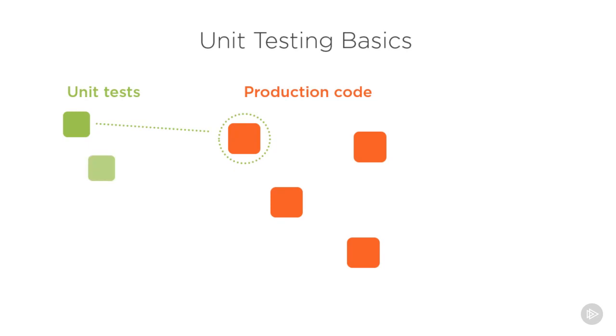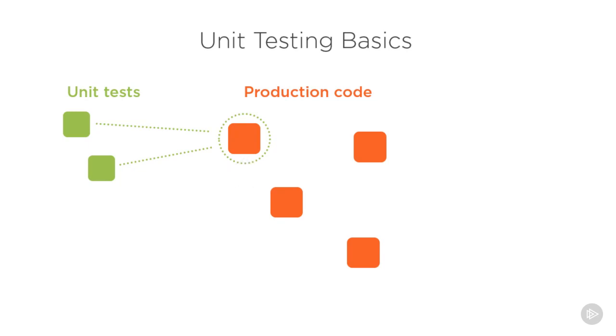And sometimes you even have more than one unit test for a single piece of production code. Now what you can see, if you are able to test your small piece of production code with your unit tests, you don't require the other units to be done, because you test your unit of production code in isolation to the other units.